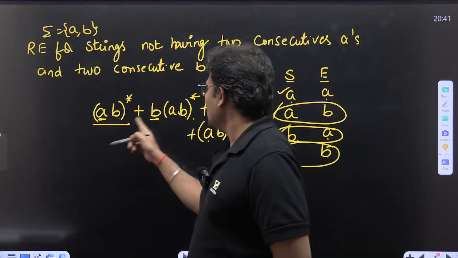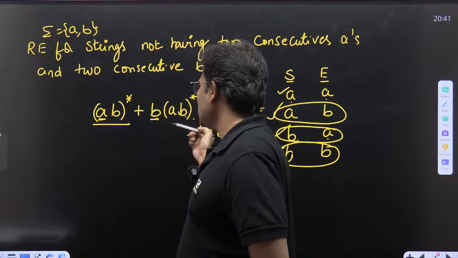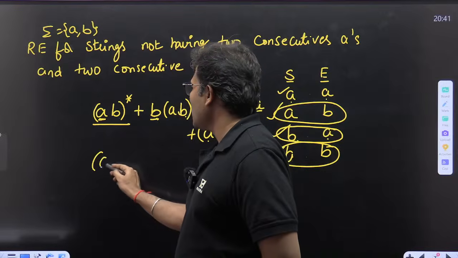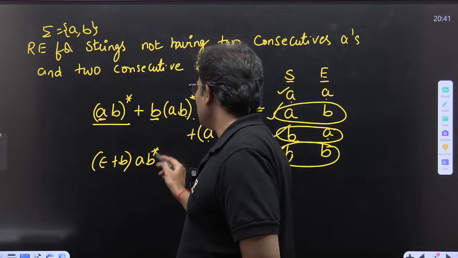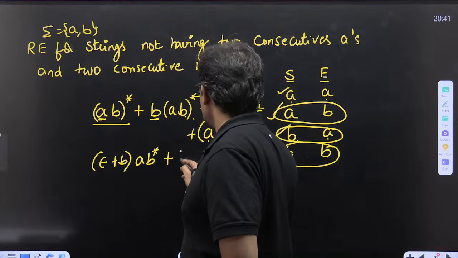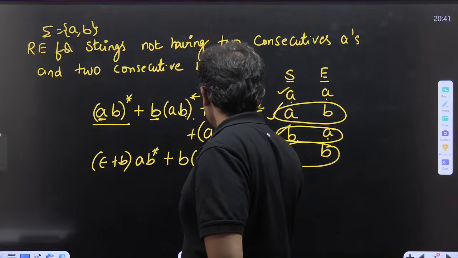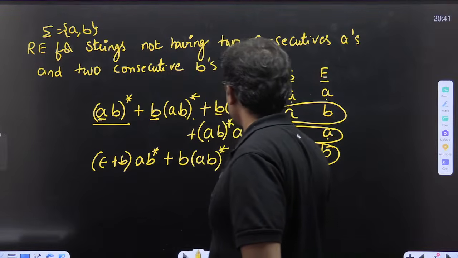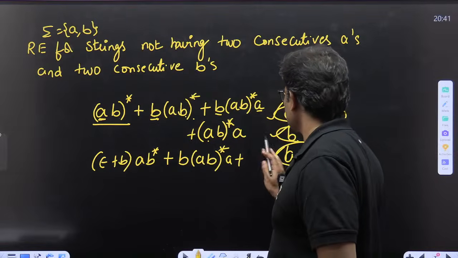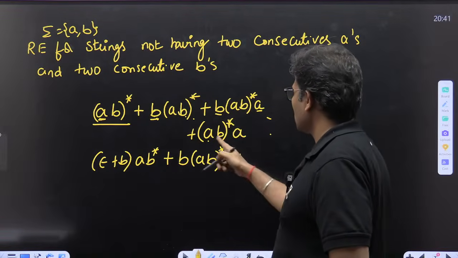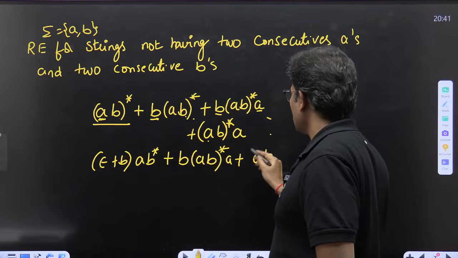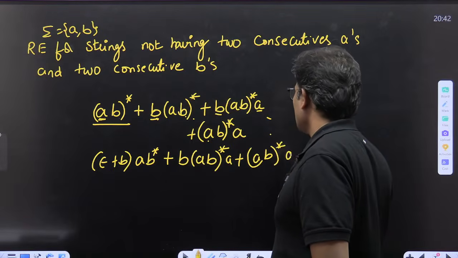If I pull out (AB)* as common, I get epsilon plus B, followed by (AB)*, plus B(AB)*A, plus (AB)*A, right?